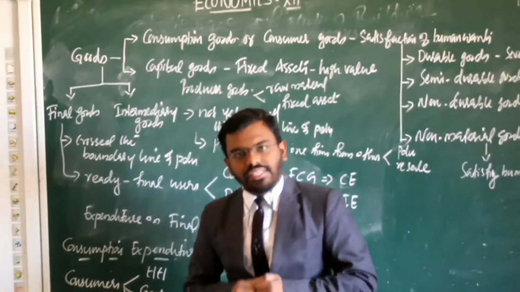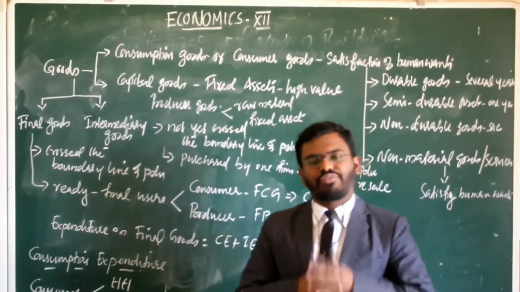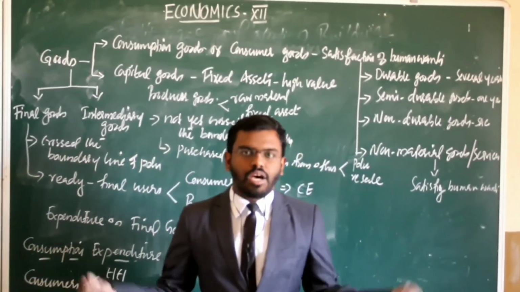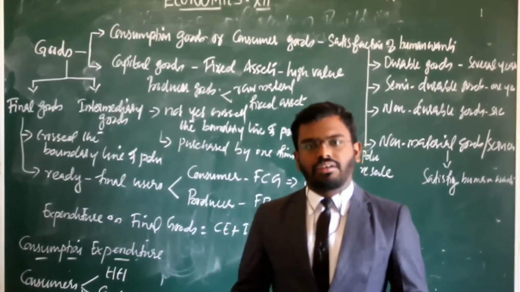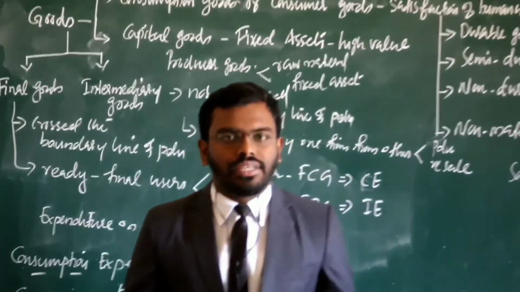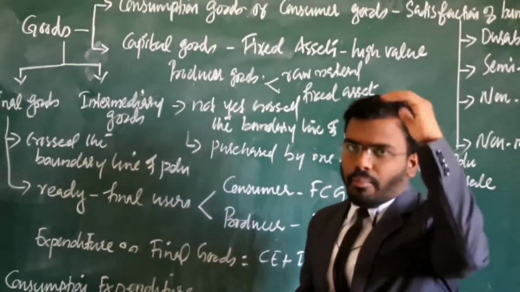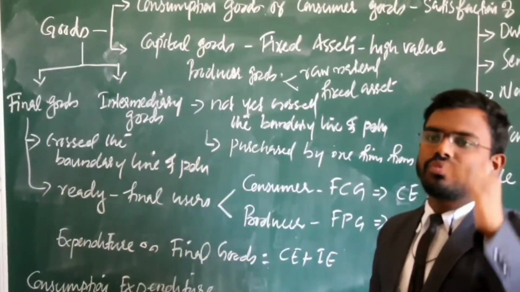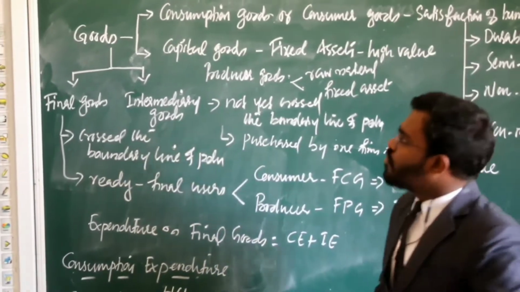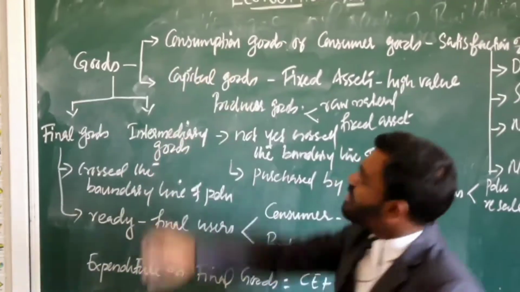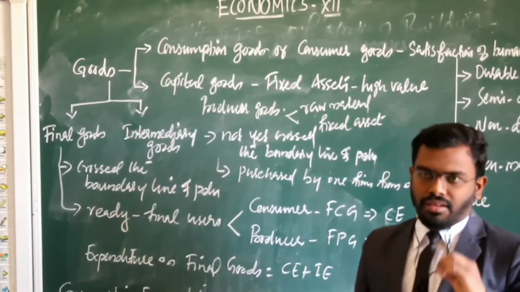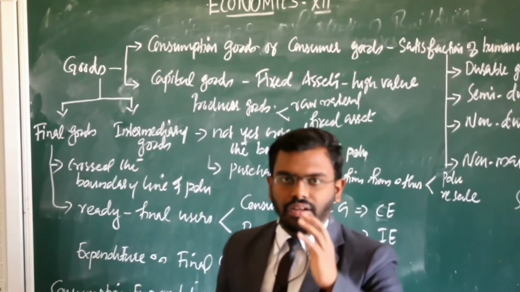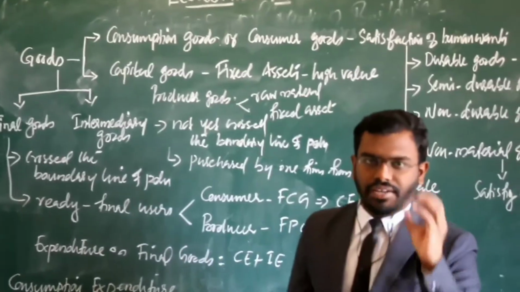In an economy we can see producers producing different varieties of goods, for example shirt, chalk, specs, rice, etc. Here we are going to classify these goods into different categories. The first type of classification is consumption goods and capital goods.